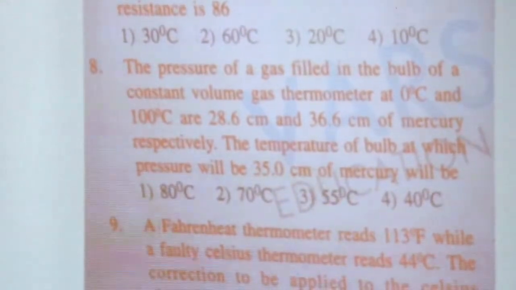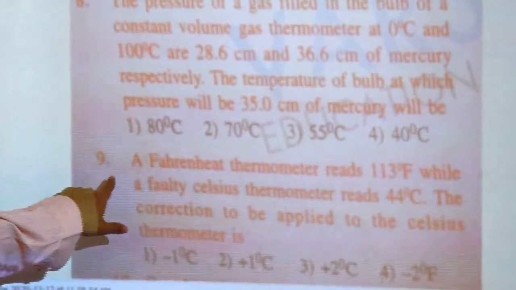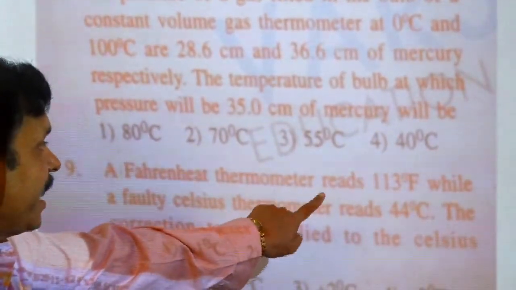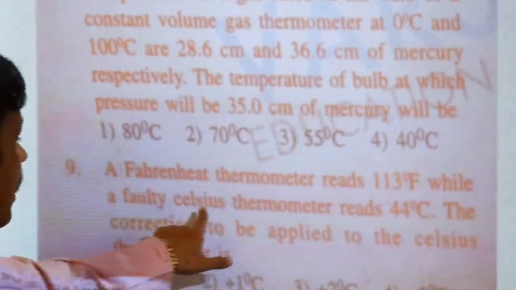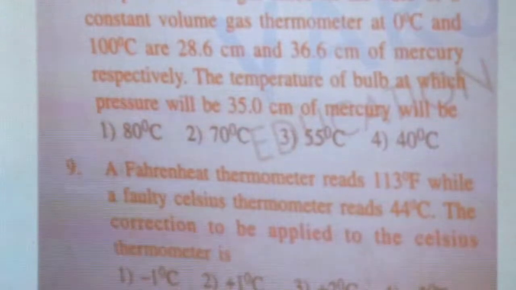Now there is a slightly different type of question. A Fahrenheit thermometer reads 113 degrees Fahrenheit while a faulty Celsius thermometer reads 44 degrees Celsius. Well, it is based on the formula we have used earlier.